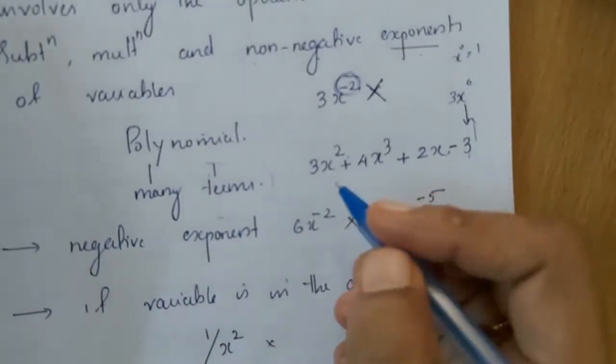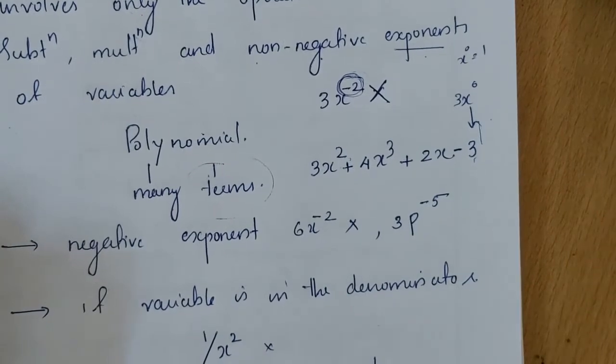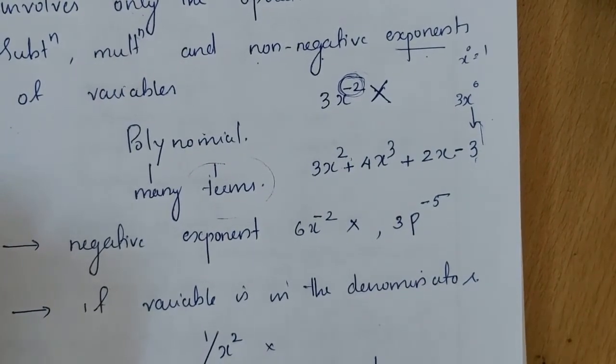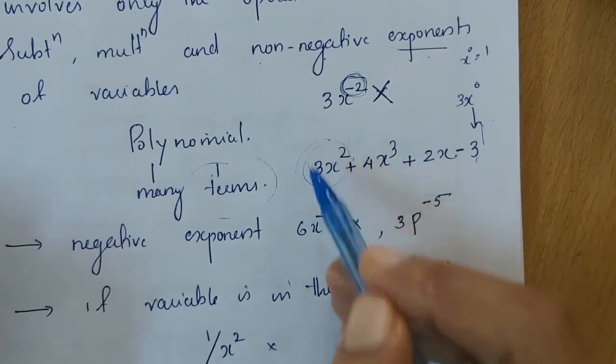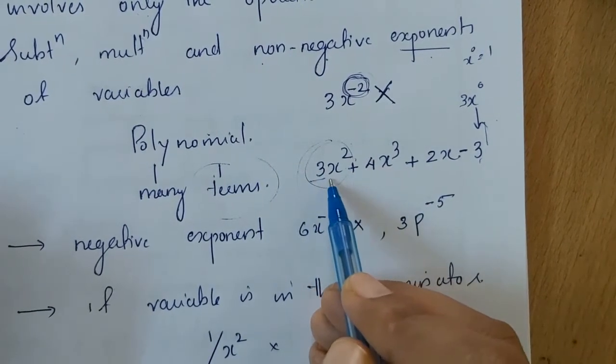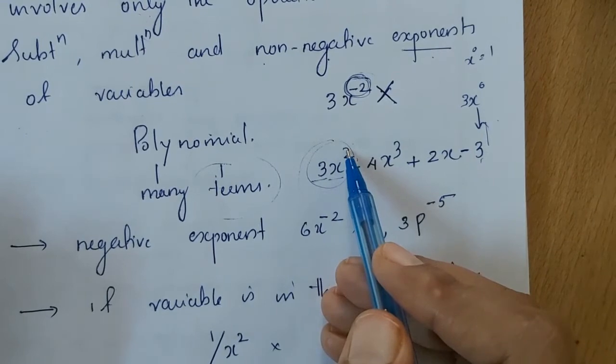Next, we are discussing a term. Once again, what is a coefficient? Each term has a coefficient, variable, and exponent. Here, the coefficient is 3, variable is x, and the exponent is 2.